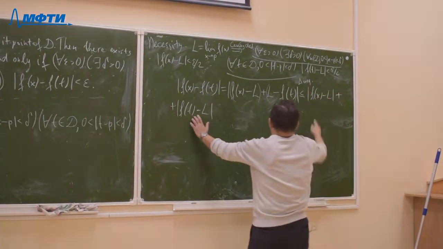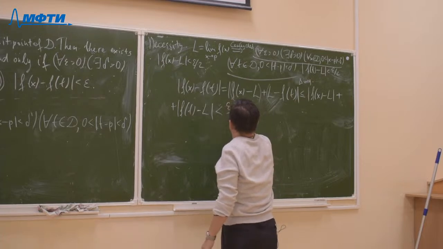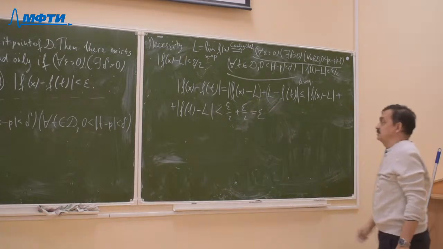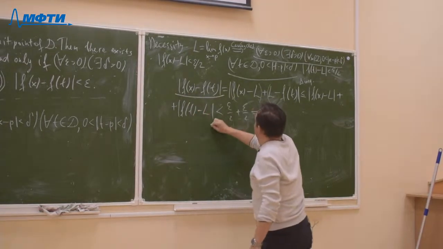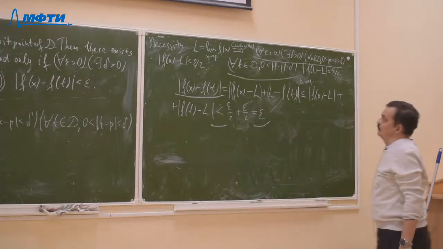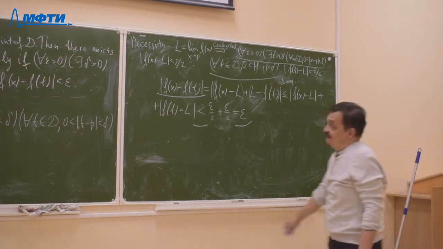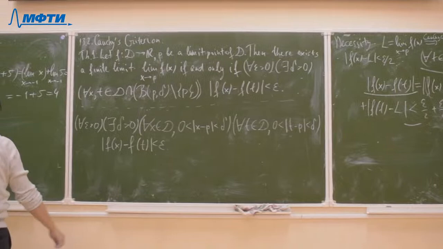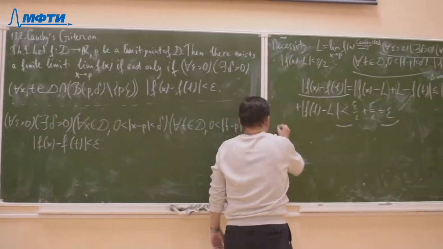Now for both terms we have the inequality less than epsilon over 2, hence lastly we have epsilon. So what is underlined is precisely what we wanted to prove. So necessity is ready.